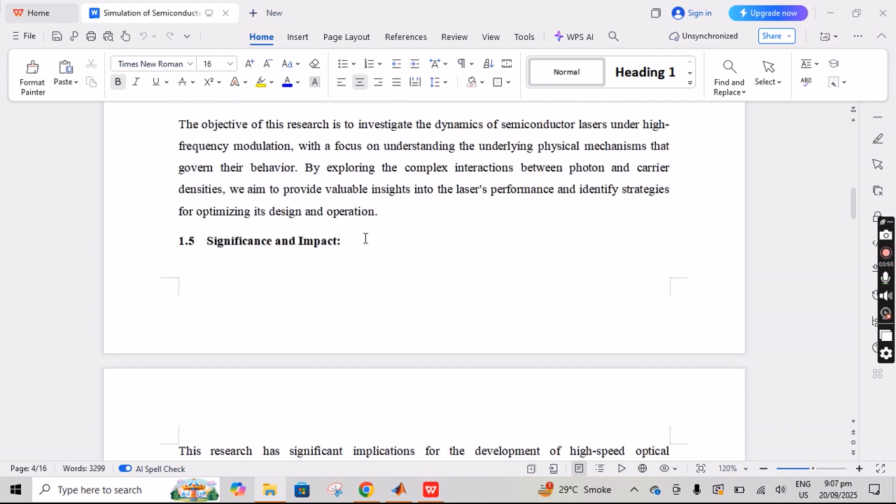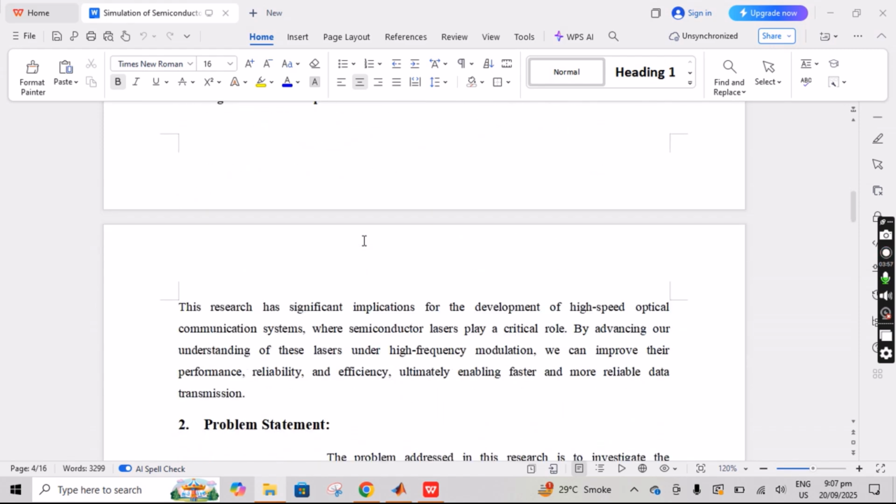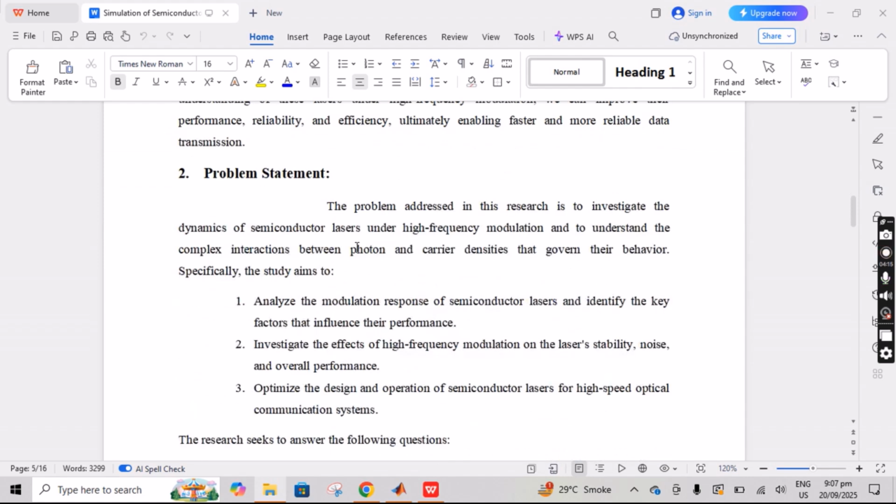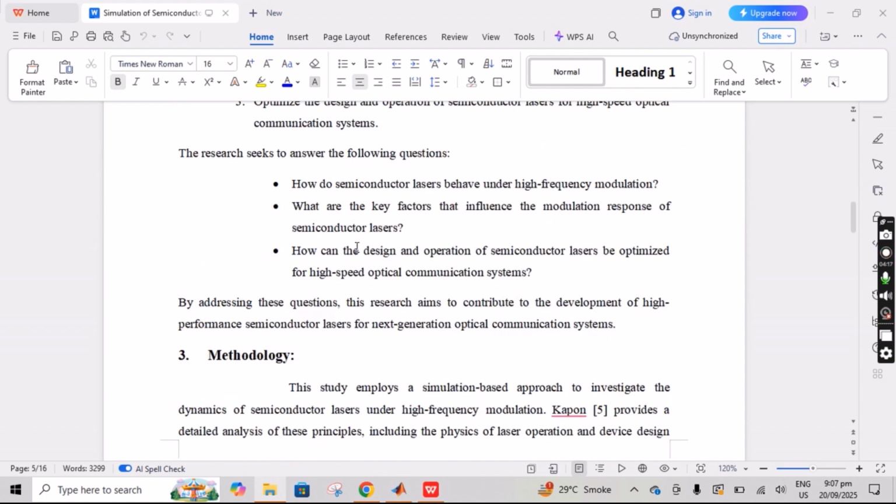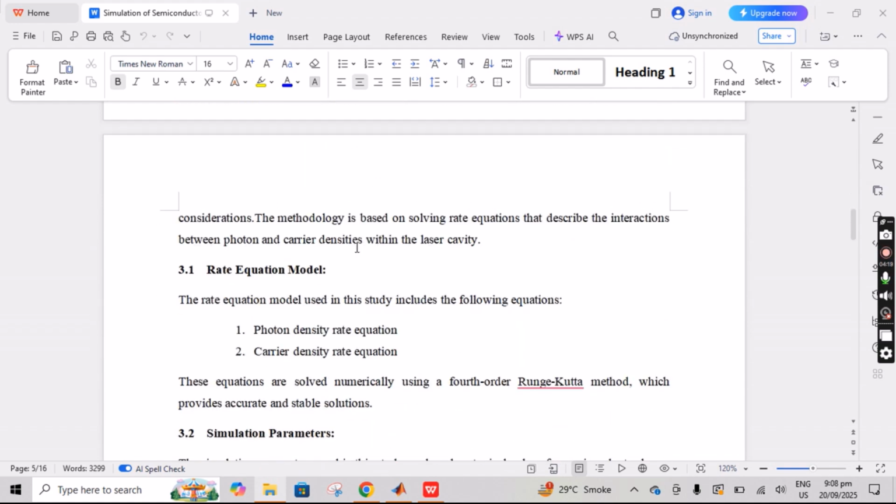The significance and impact is how semiconductor lasers play a critical role under high frequency modulations, and how we can improve the performance, reliability, and efficiency as well. Problem statement is also added in it, and the methodology is this.